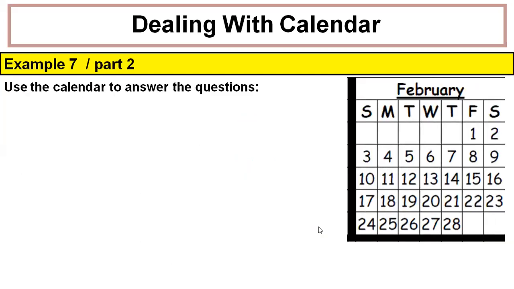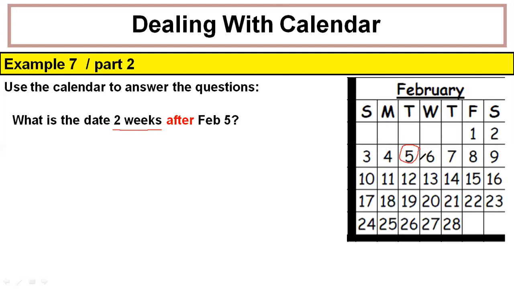Another question. Let's talk now again about February. The question says, what is the date 2 weeks after February 5? So this is February, and 5 is here. It says in the question, we need 2 weeks after February 5.